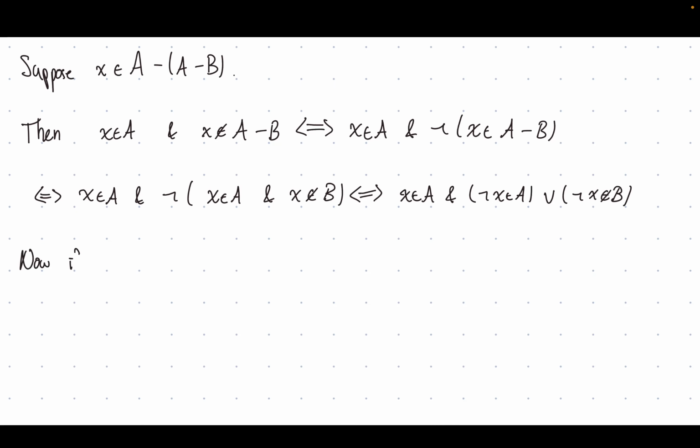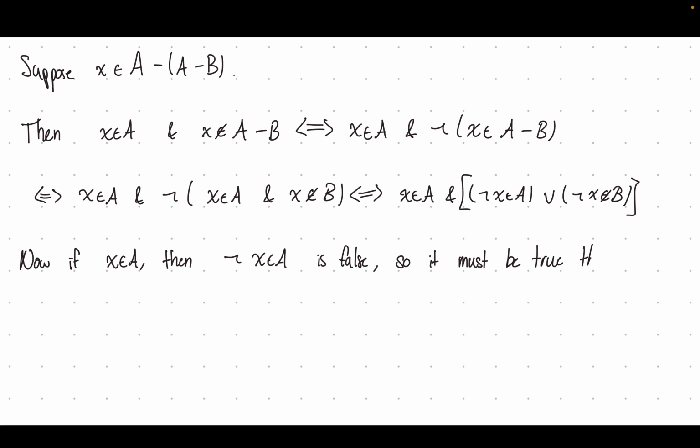Now, if X is in A, then let me just wrap these up here in braces. Then not X in A is false. So it must be true that not X is not in B is true for this formula.